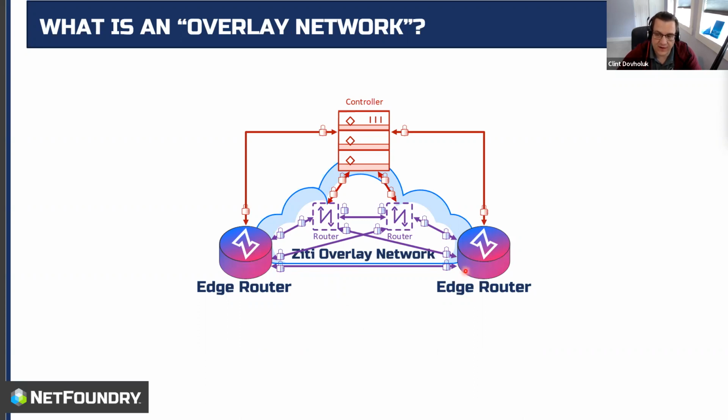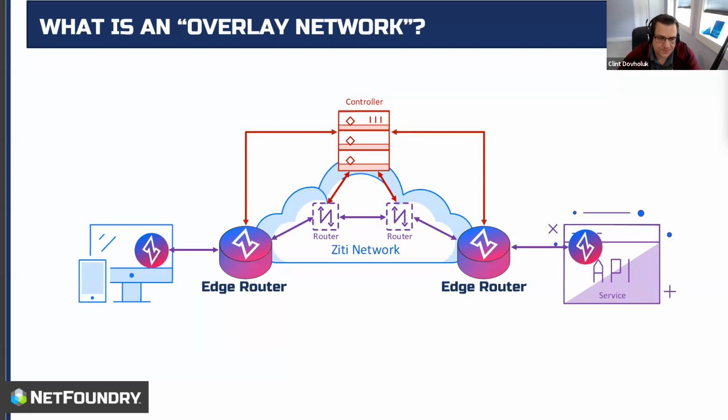The router will verify that the certificate presented is the correct kind, and only then will a TLS connection be established. So the connecting side also needs to provide a certificate to the connection side. And the ZD overlay network will actually create a fully formed mesh based on how you configure it. If you wanted every single router to listen, as I have shown here, you can have every router connected to every other router and make a really interesting topology for your network. And that's basically what an overlay network is.